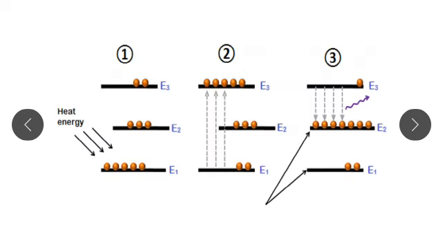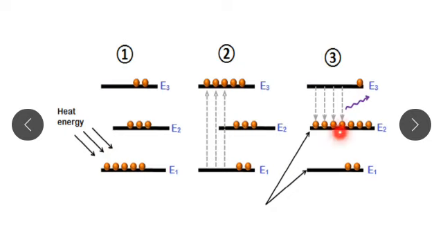So this is energy level E1, these are the atoms, then energy level E2 and energy level E3. First the atom is in the lower energy state. When a photon of energy h nu is incident, the atom gets excited and goes to the higher energy state. This is the ordinary excited state, because the atom remains in this excited state for a short time.